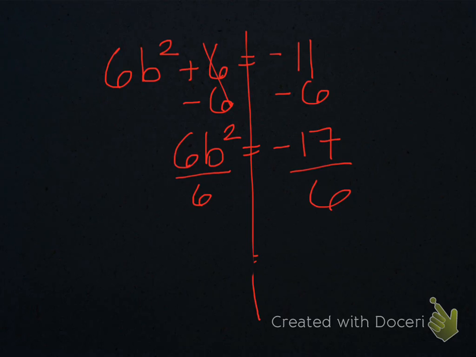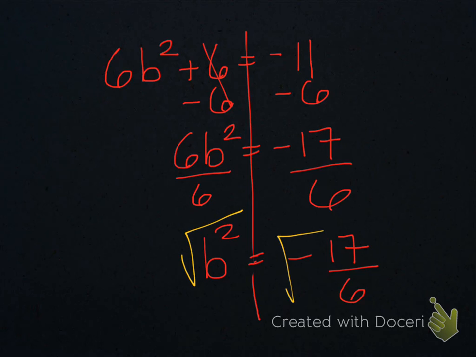Okay, so I'm going to come back here. Don't freak out. We have b squared equal to, let me keep it in its fraction form for a minute, 17 over 6. When we take the square root of both sides here, we can't take the square root of a negative number because there is no number times itself that will give you a negative answer, because to get a negative product, it's always a negative times a positive.